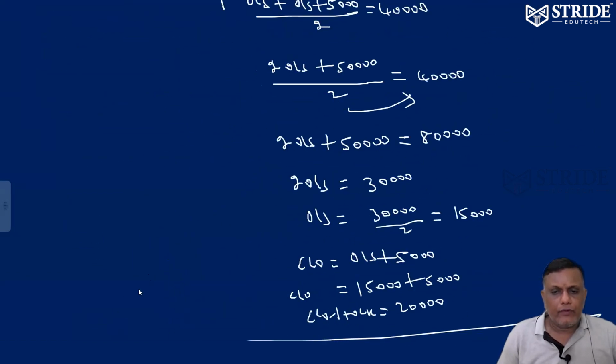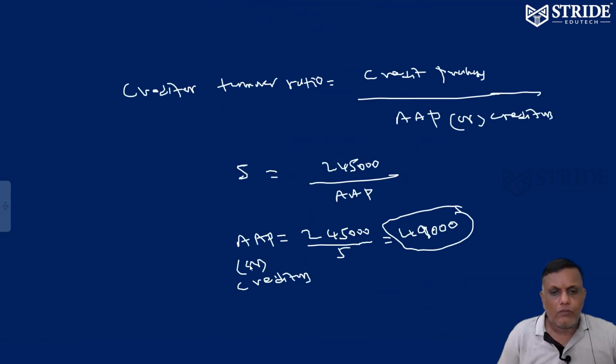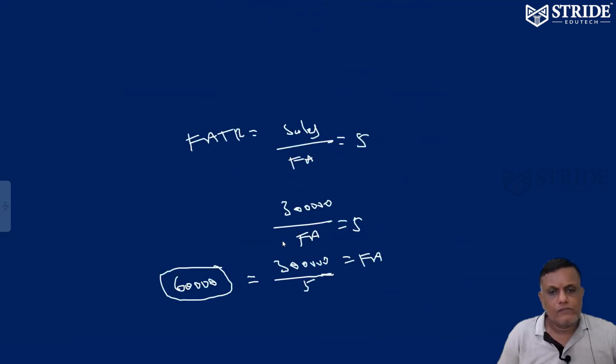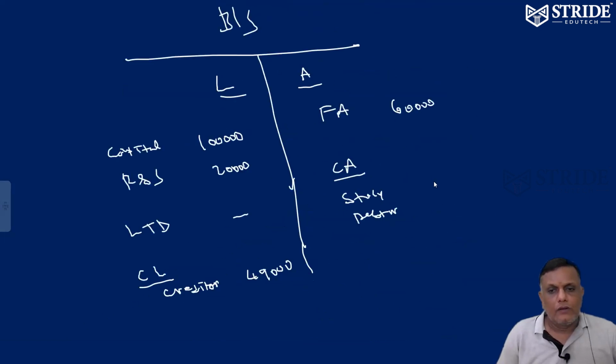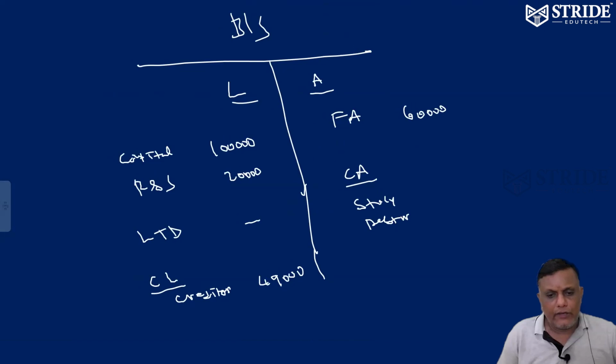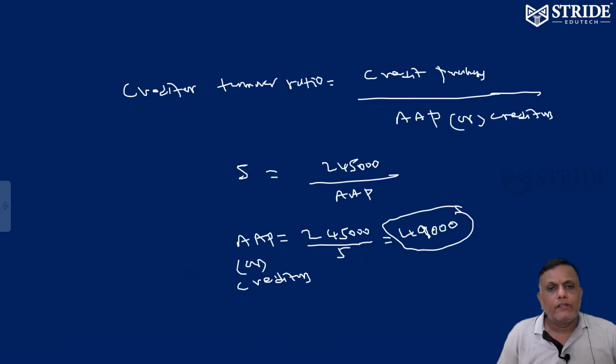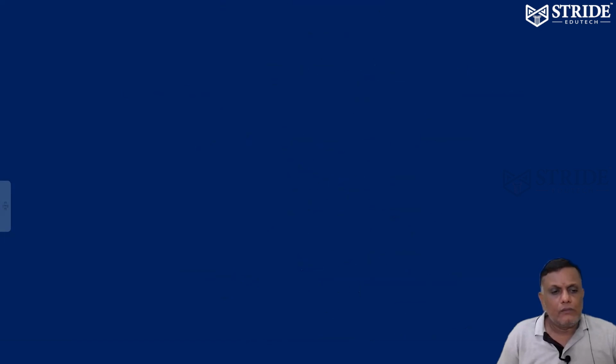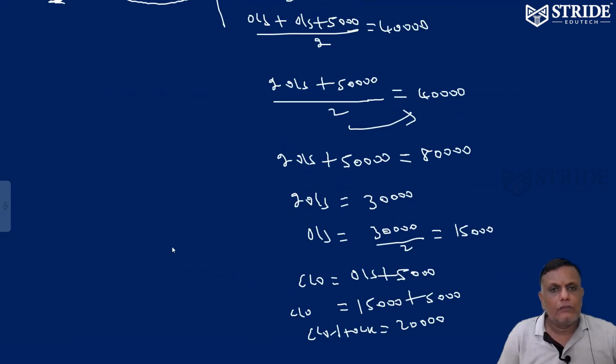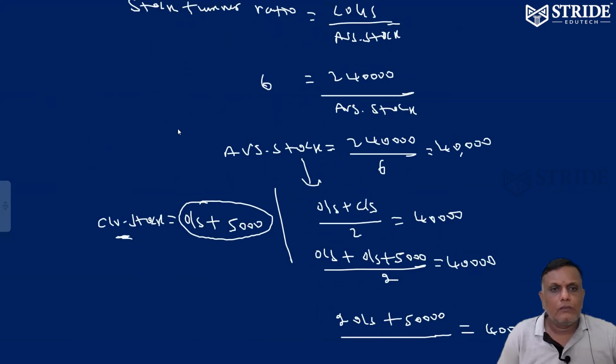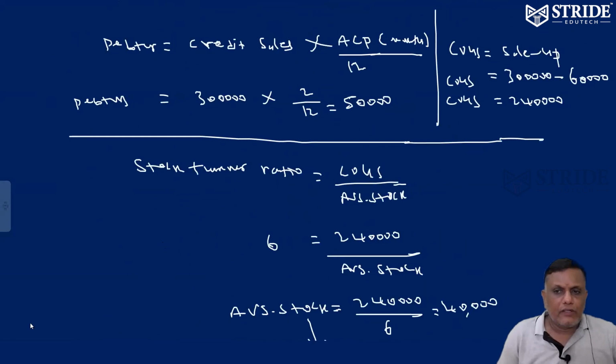Closing stock is going to be 20,000. Debtor value, how much is going to be? 50,000, I think. Debtor value 50,000.